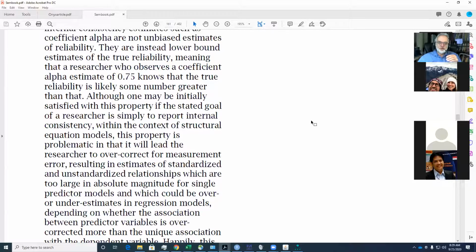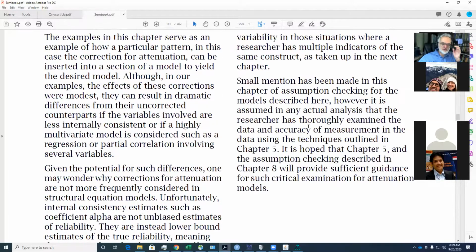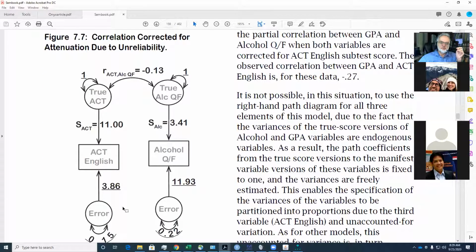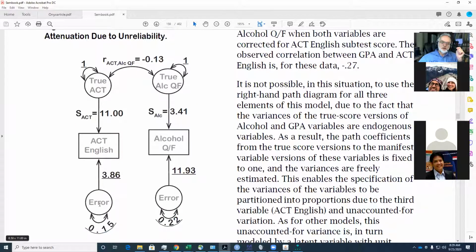And in the case of coming up here and just looking at this question, this number then should not be 0.15. It should probably be something closer to 0.10, for example, 1 minus alpha. In other words, my estimate is a bigger number than I ought to have for reliability.